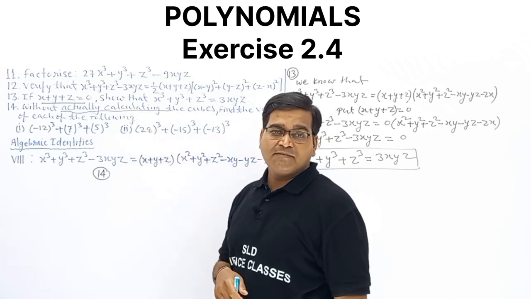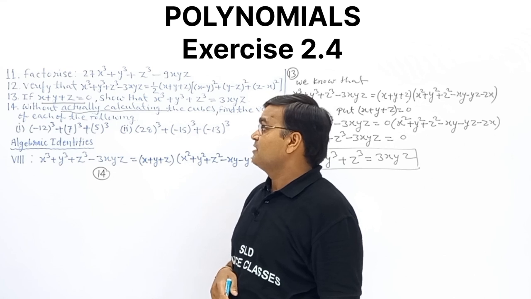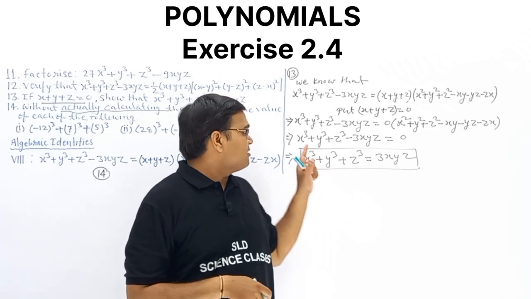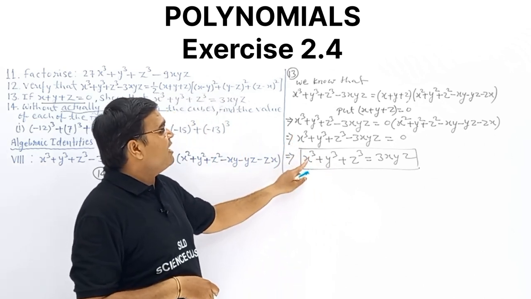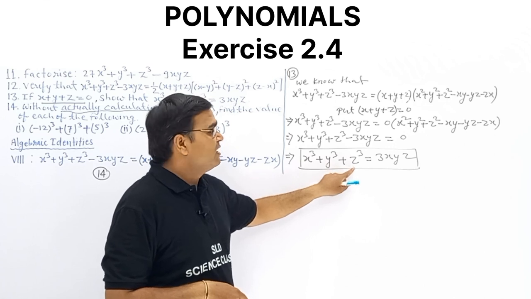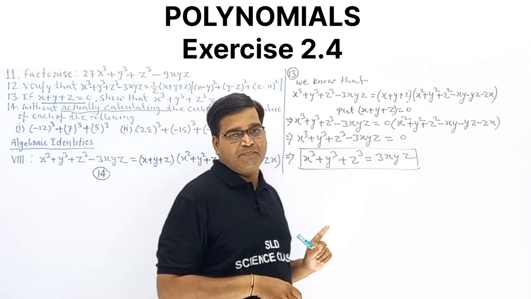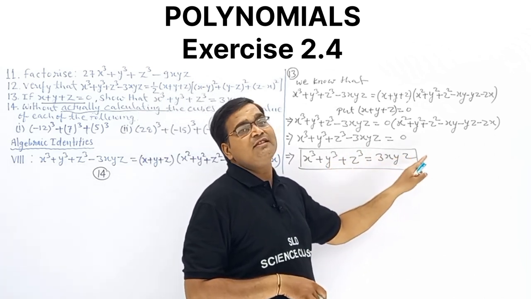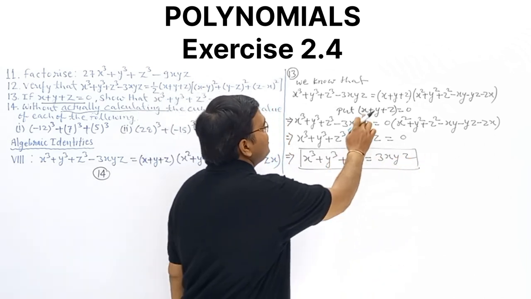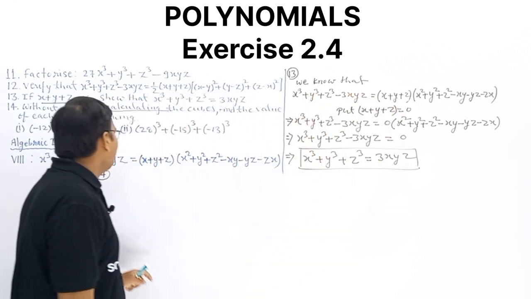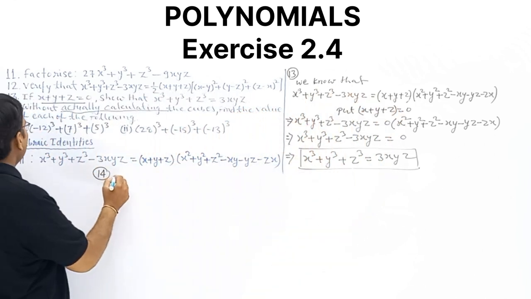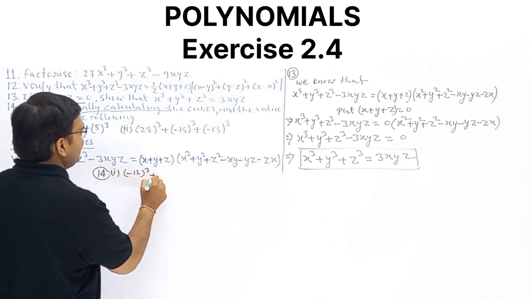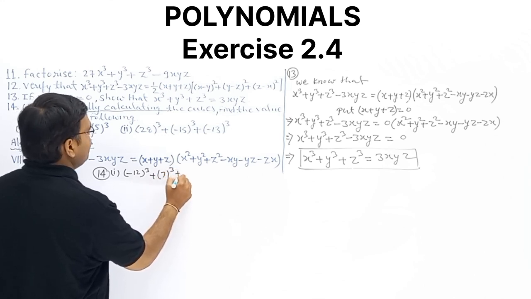How will we find the value of this? Observe. We studied that x cube plus y cube plus z cube equals 3xyz when x plus y plus z equals 0. So in question number 14, I am taking the first one, minus 12 cube plus 7 cube plus 5 cube.